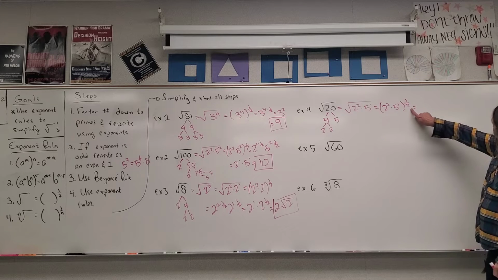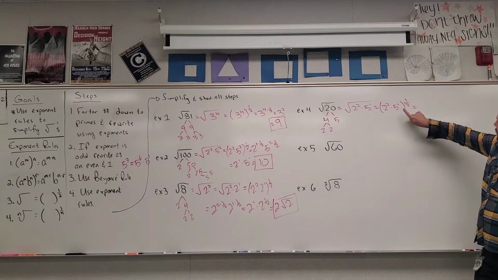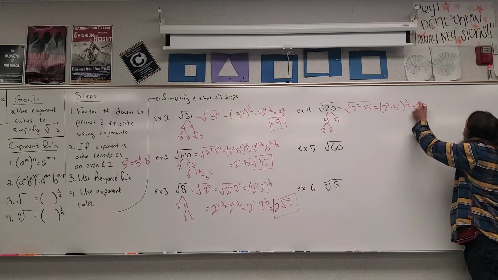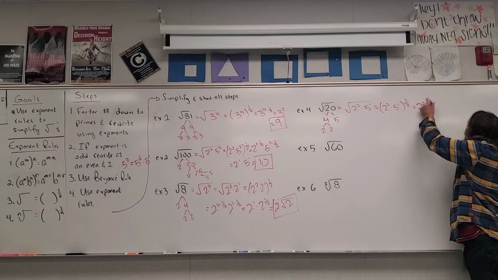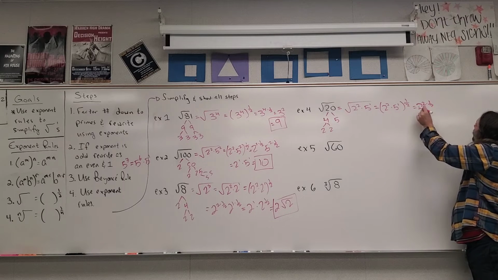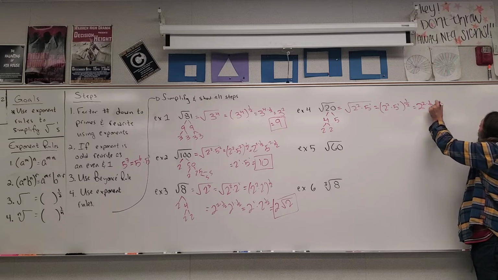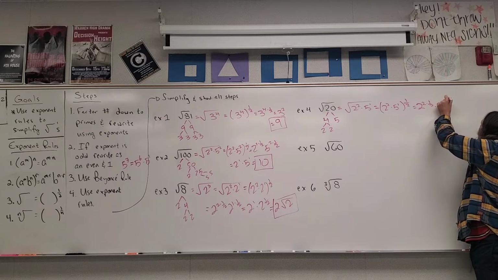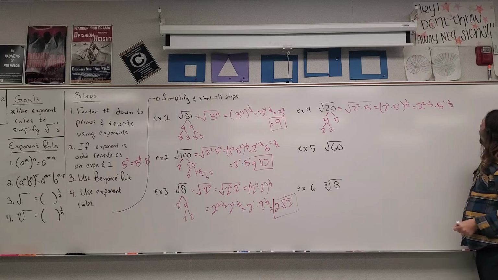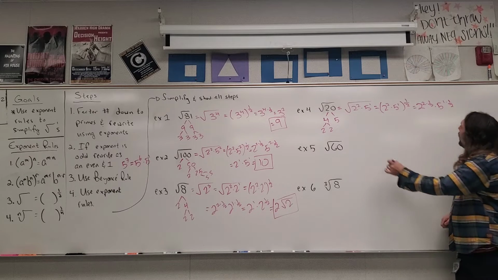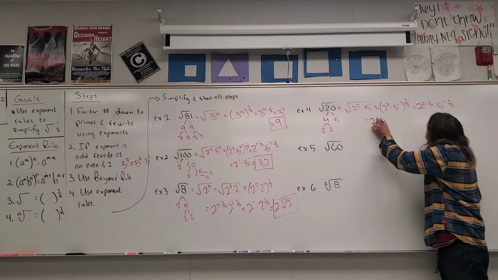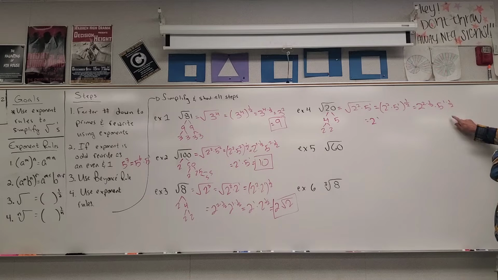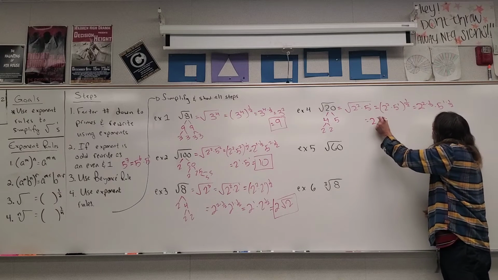We're now going to distribute this exponent to these exponents, and we get 2 to the power 2 times 1/2, times 5 to the power 1 times 1/2. Half of 2 is 1, so we get 2 to the power 1, and 1 times 1/2 is 1/2.